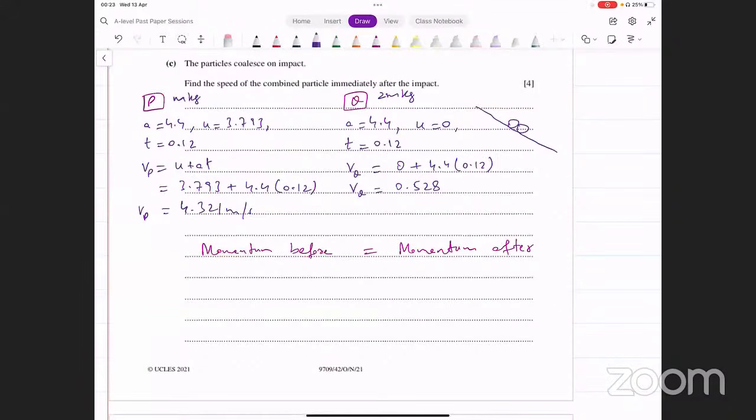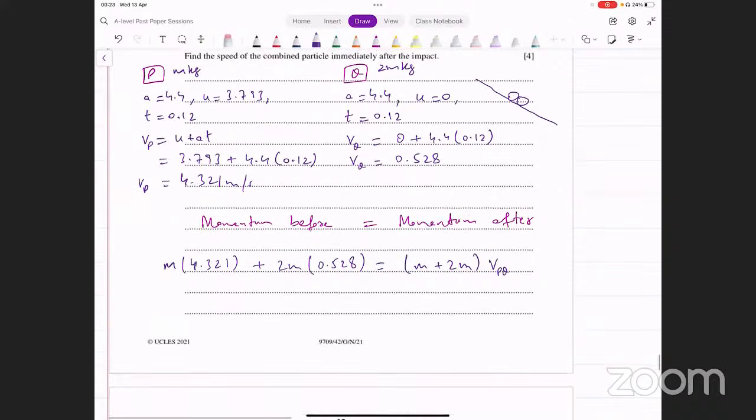Momentum of P is mass of P into velocity of P, that is 4.321, plus the momentum of Q, that's mass of Q into velocity of Q, that's 0.528. What's the momentum afterwards? They coalesced, so it's one single object, that is m plus 2m multiplied by the velocity of that combined object. You have to find that. Let's call that PQ.